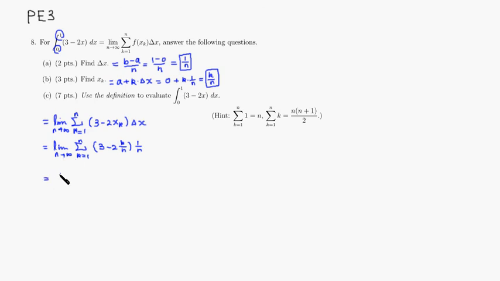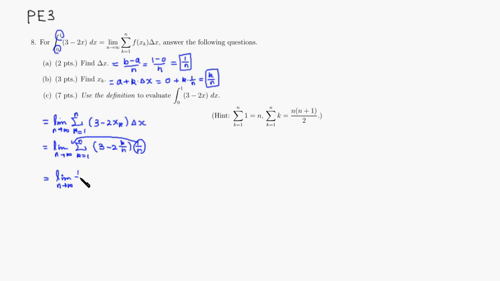First thing is, you have a limit as n approaches infinity. I'm going to put 1 over n right outside because 1 over n has nothing to do with k.